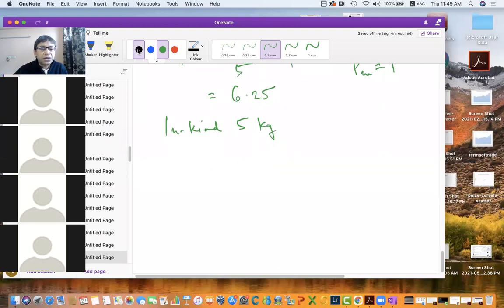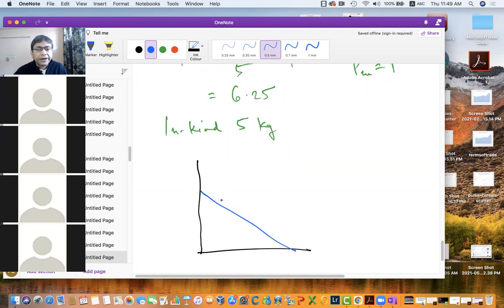Now, if you recall the picture, let me draw the picture again. So this is, let's say, the original budget line, okay? And then we have this 25 rupees, which can be given in cash or kind. If it's given in cash, then we have a parallel shift of the budget line like this.